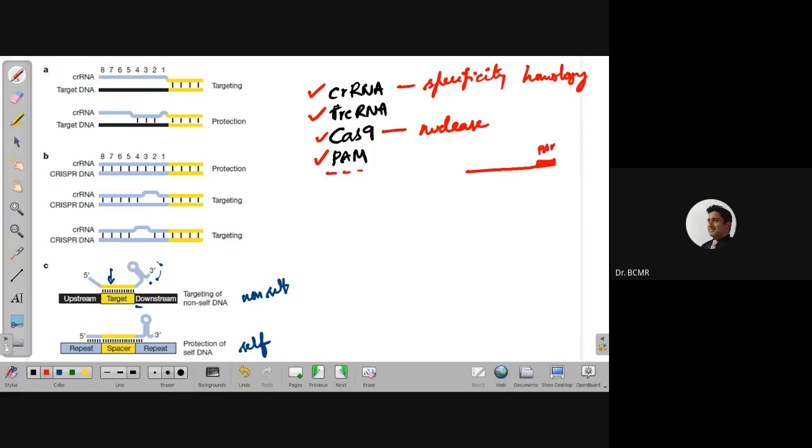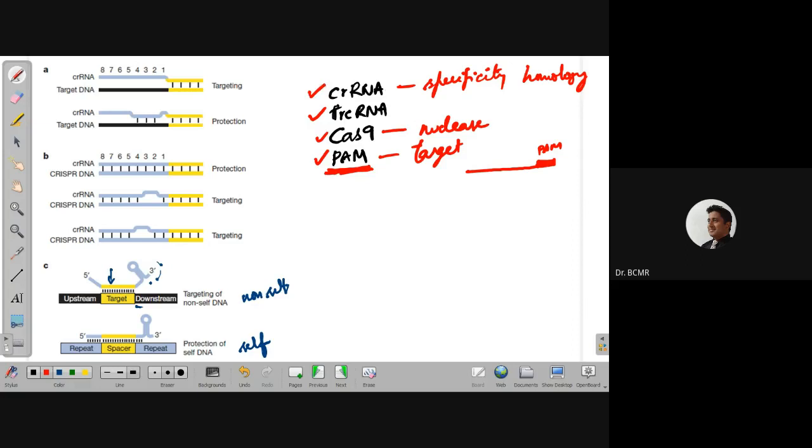This is a PAM sequence. This is important because if you are trying to design or make CRISPR for a particular purpose, we should know how to choose a target and whether it is nearby a PAM or not. That's why it's important to know that as well.